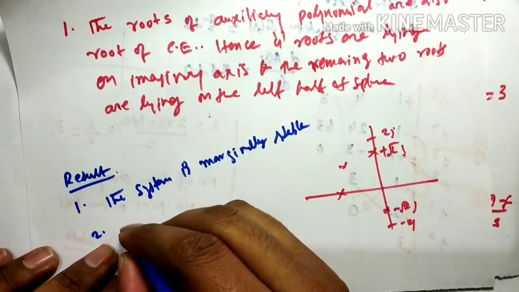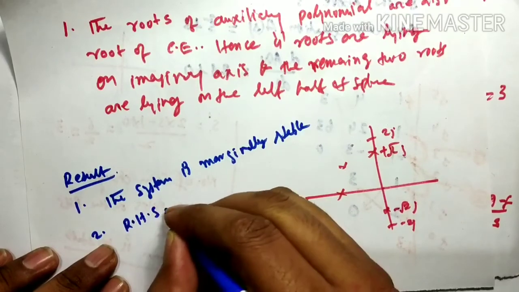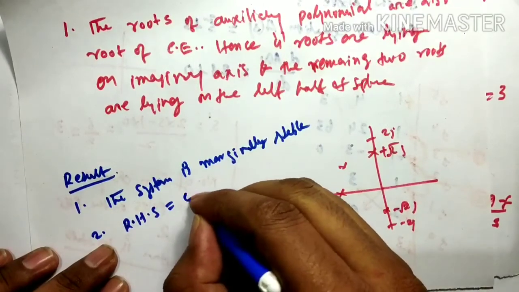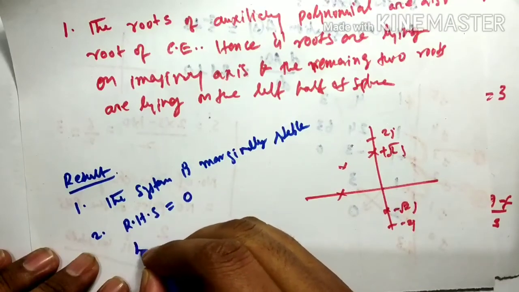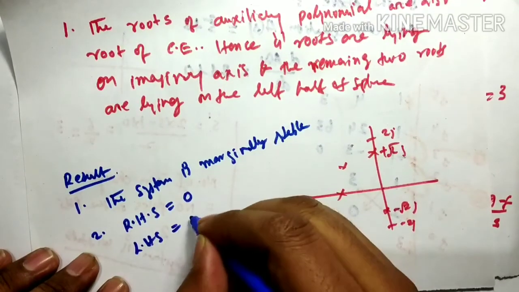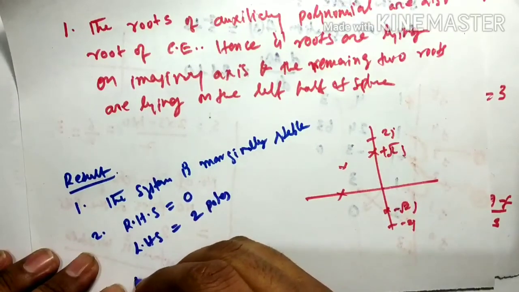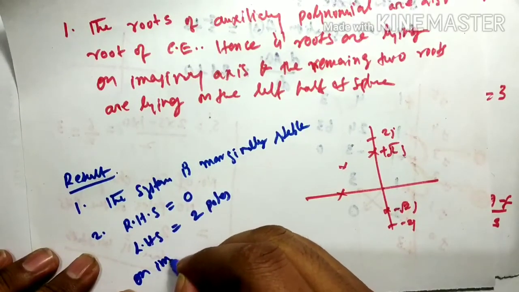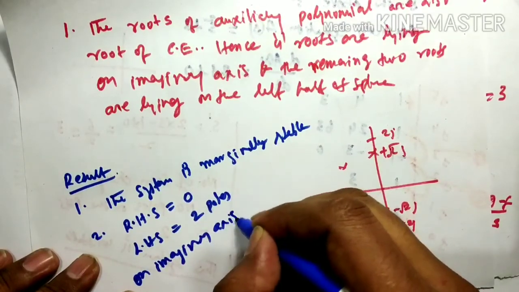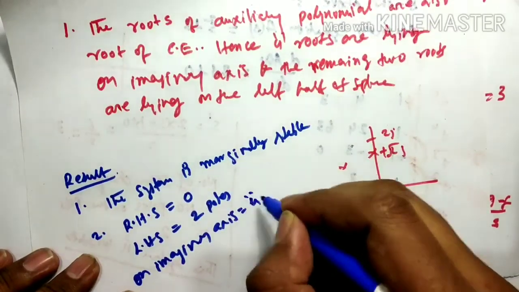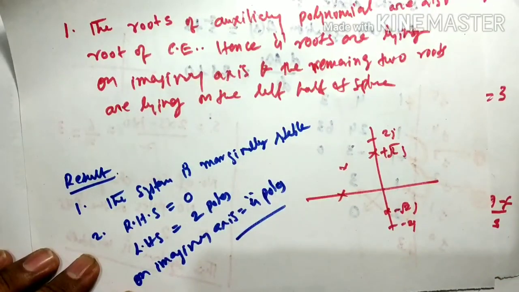On the right side of the s plane, 0. No pole is lying there. On the left half of the s plane, 2 poles. On the imaginary axis, 4 poles. So this is the result.